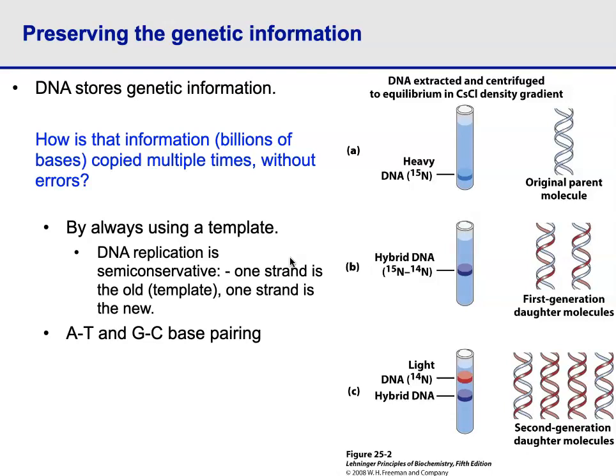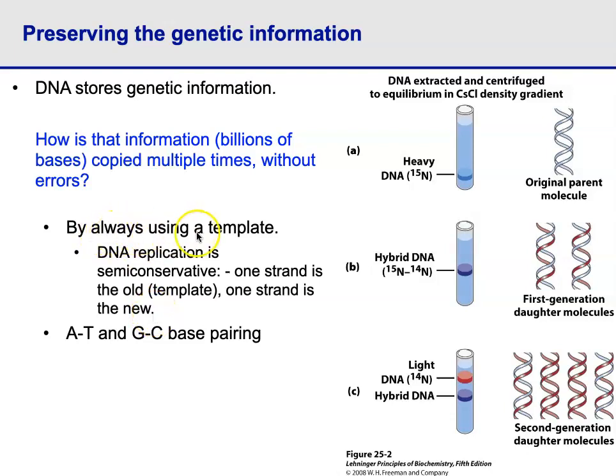That method of replication is known as semi-conservative. And again, that is because in the two new molecules of the newly synthesized DNA, one of the strands is from the template or old DNA strand, and one of the strands is newly synthesized.